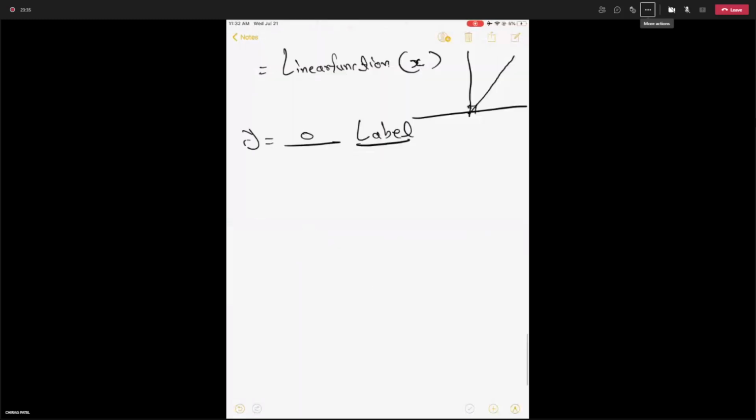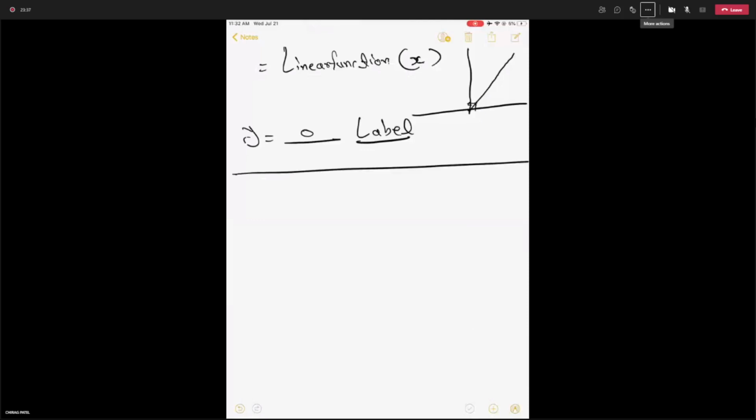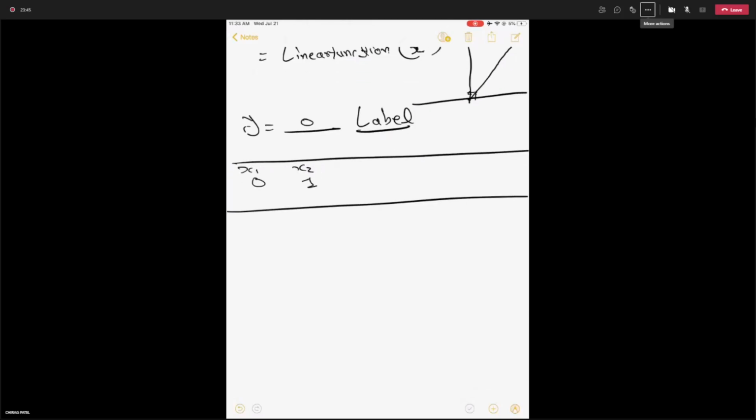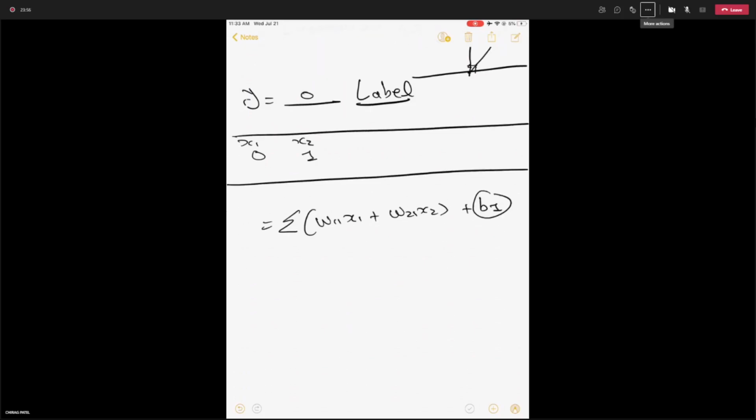Now we will take one more pattern. Assume the second pattern is 0 and 1, this is your x1 and this is your x2. Again we need to calculate all the steps. This is sigma of w11 x1, plus w21 x2, plus your bias b1. The bias value is the same, and the weights are the same.